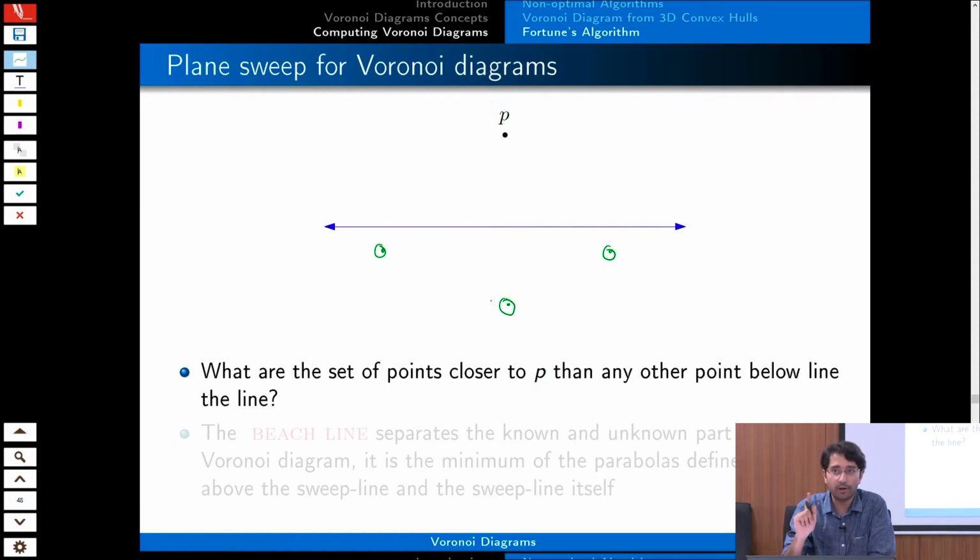I am looking for a set of points, say Q, which are closer to P than any point below the sweep line. Very good, one answer.